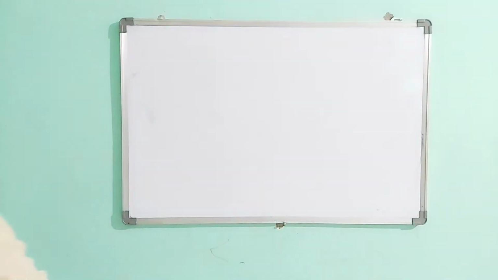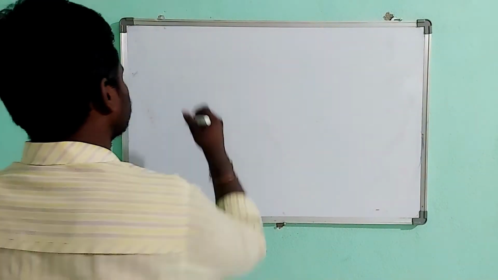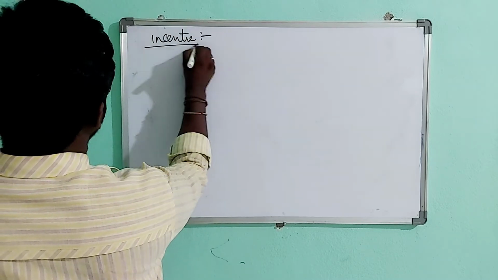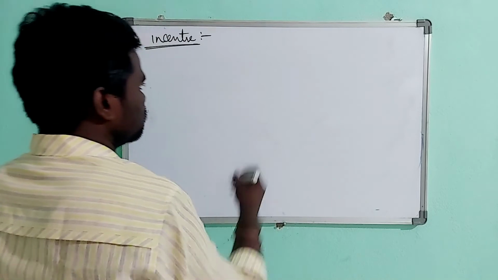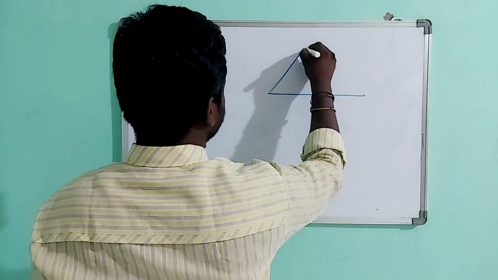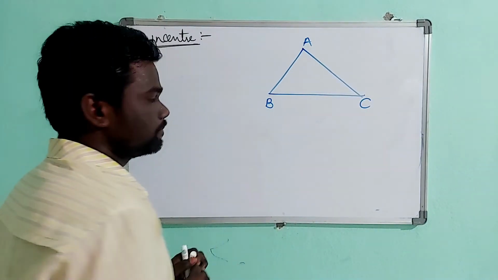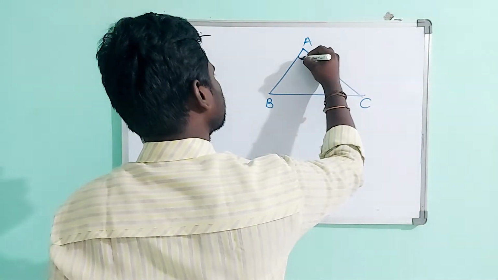And the next one is Incentre. In any triangle, suppose the triangle is ABC, these are the internal angles.